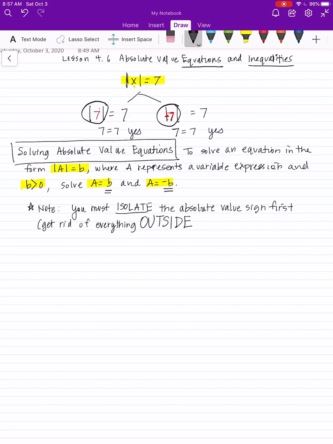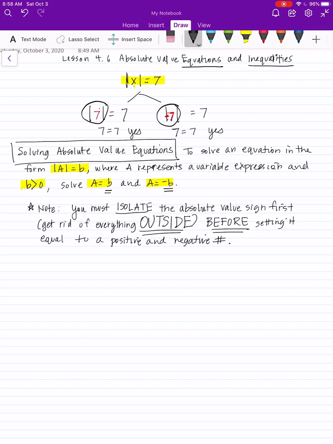Obviously, I see kids make that mistake before setting it equal to a positive and negative number.